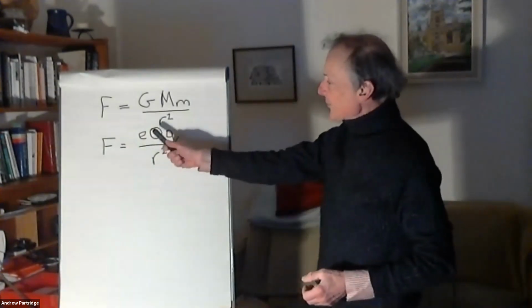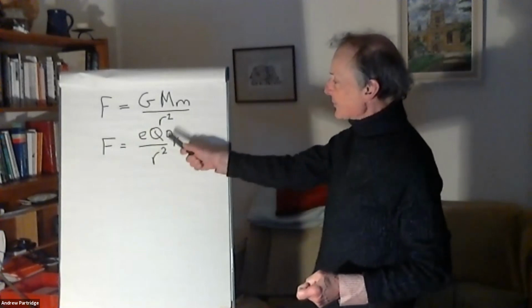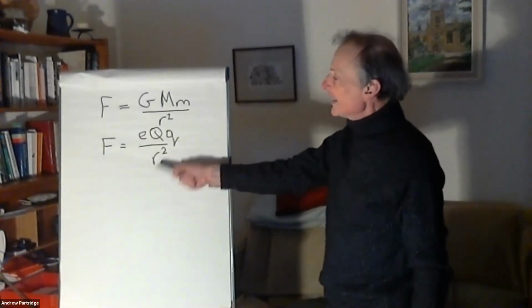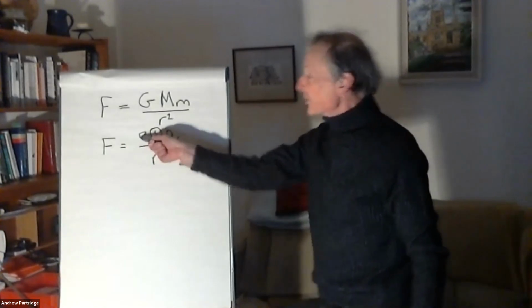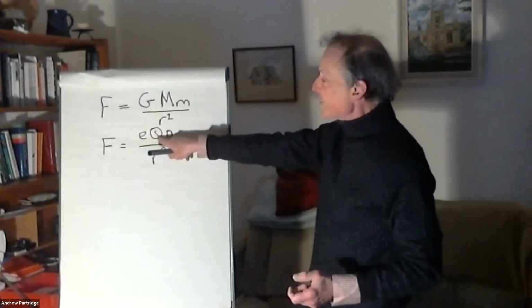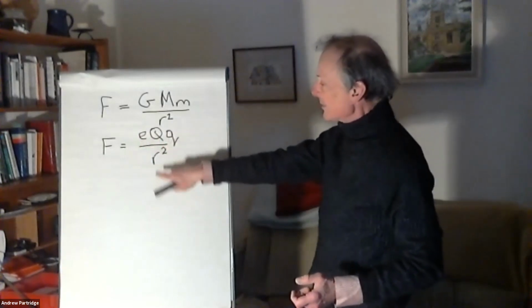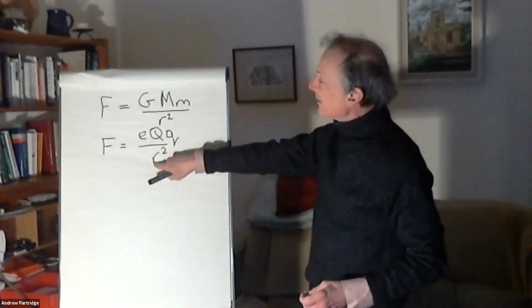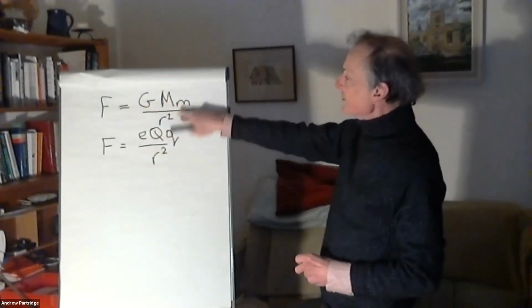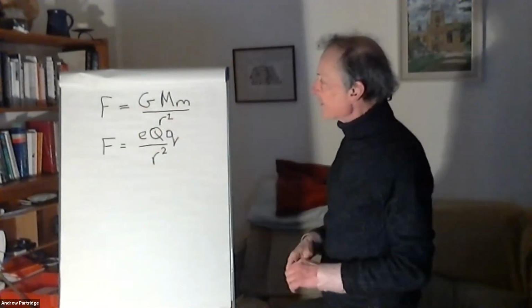The product of the charge on one thing times the charge on the other, divided by the distance between the two squared, times some constant or other, which effectively gives you the force between two things of unit charge, a unit distance apart. Like that gives the gravitational force between two things of unit mass, a unit distance apart.